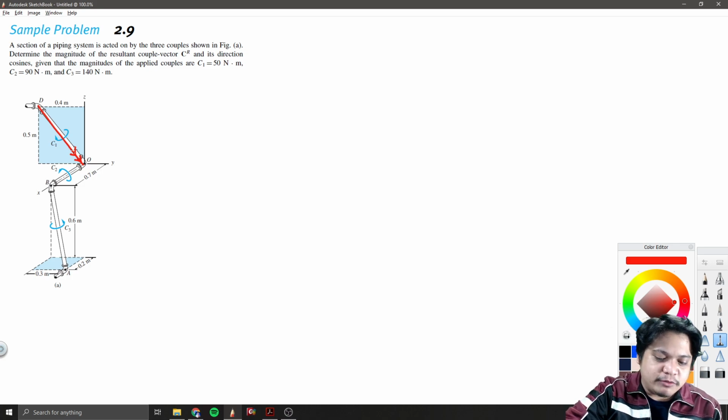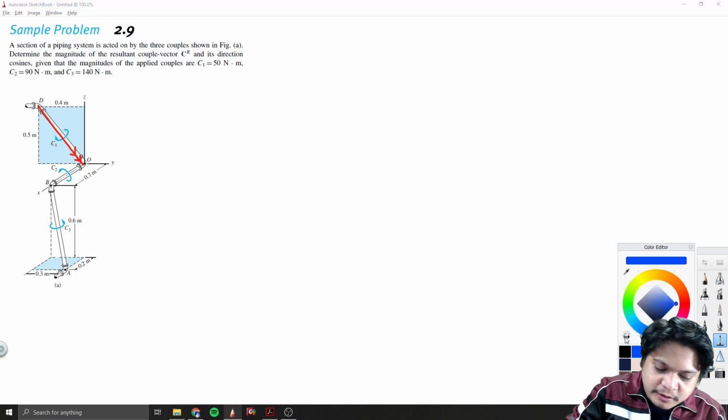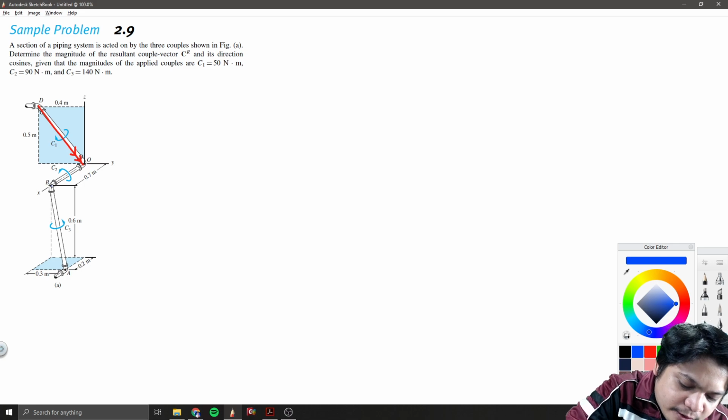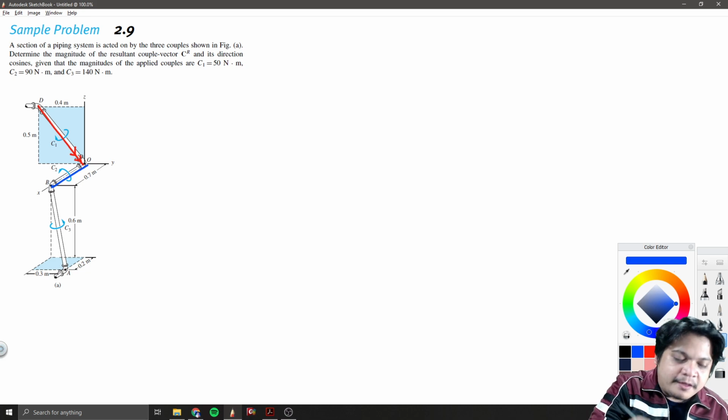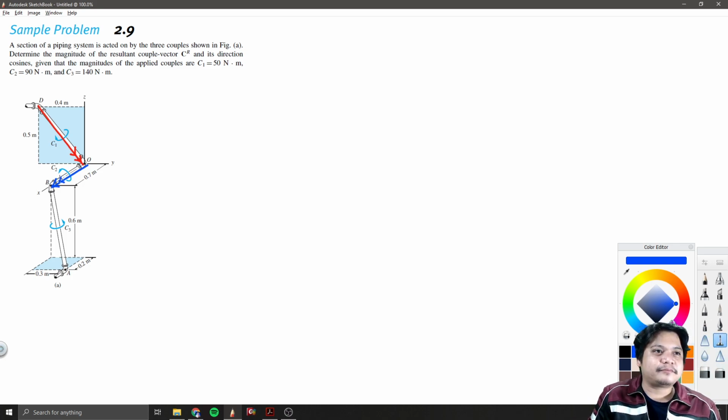Yung aking C2. So, yung C2 ko, again, force vector. Pag ganon, paano dapat? Pataas, pababa. Okay, so dapat pag ganito. Okay?